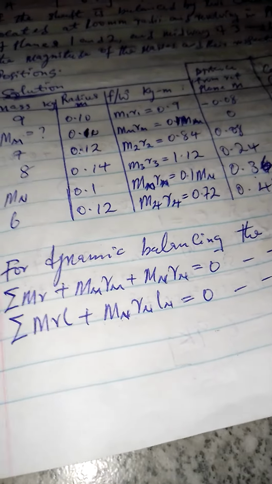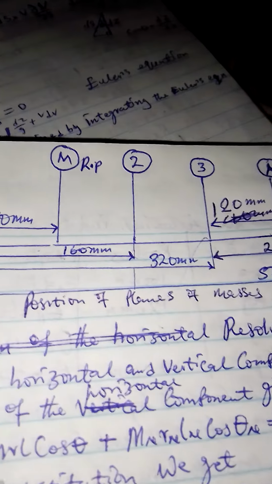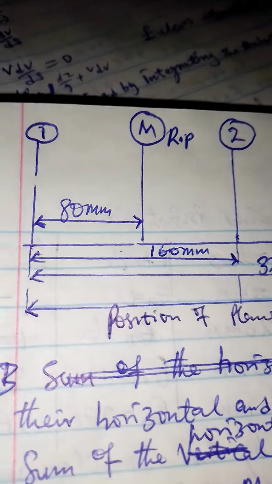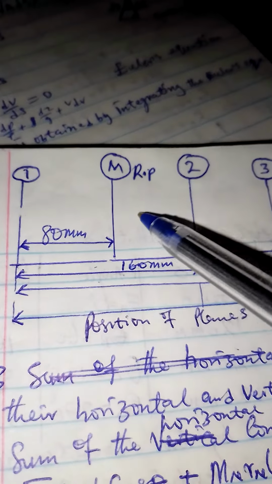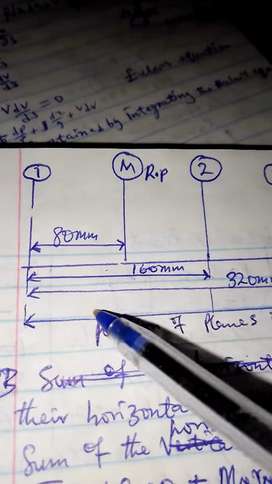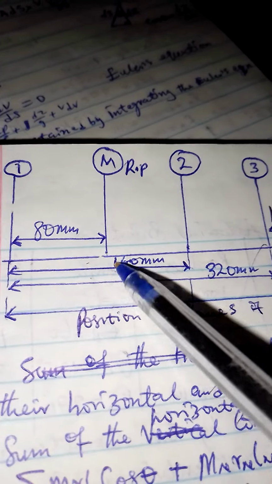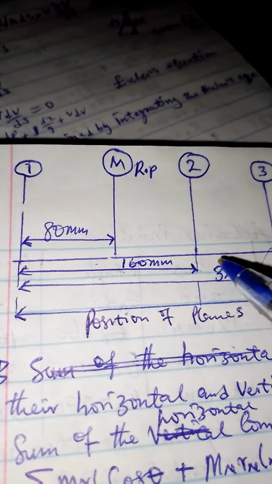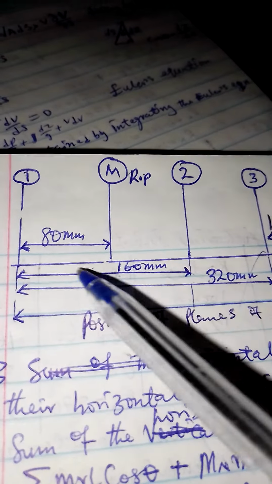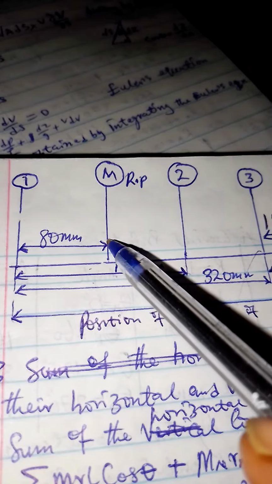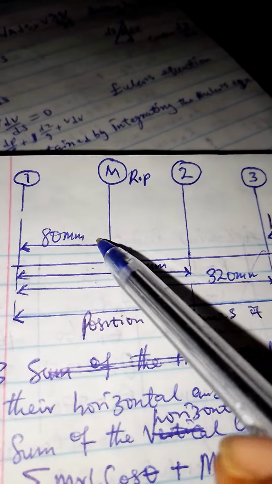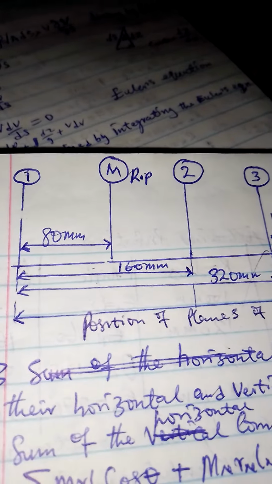Now let's explain from the position of planes of masses why the axial distance of mass 1 is negative. We choose mass position M to be our reference point, and it is located midway, that's at the middle of plane 1 and plane 2. From plane 1 to plane 2 is 160 millimeters, so from plane 1 to plane M, at the midway of 1 and 2, is 80 millimeters.